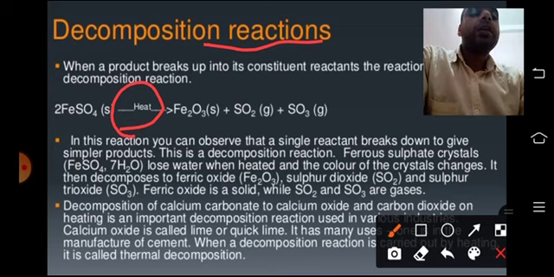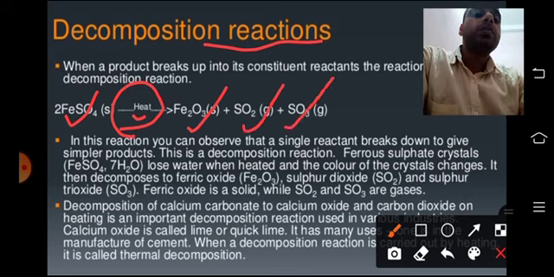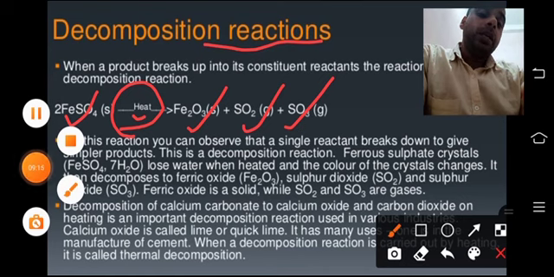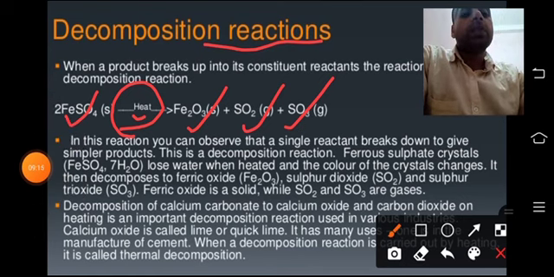Here decomposition means one single substance, in the presence of heat, will break down into iron oxide, sulfur dioxide and sulfur trioxide. So from one substance it is giving a number of different substances. That is a decomposition reaction, and it takes place in the presence of heat, so it is the thermal decomposition reaction.